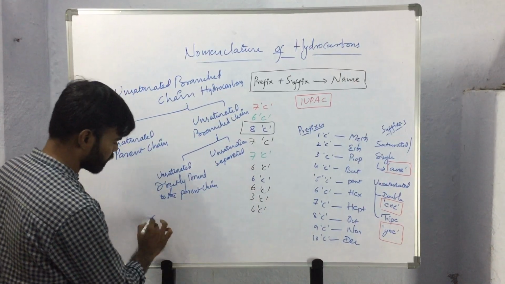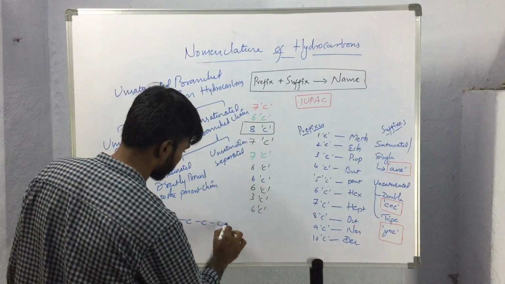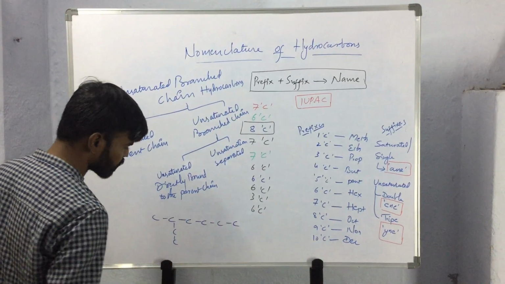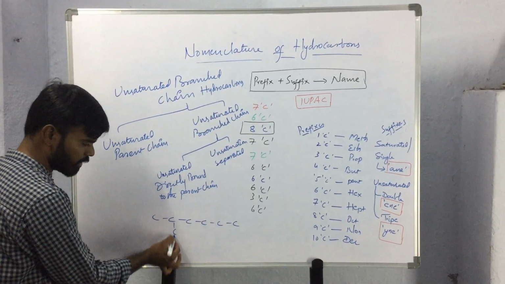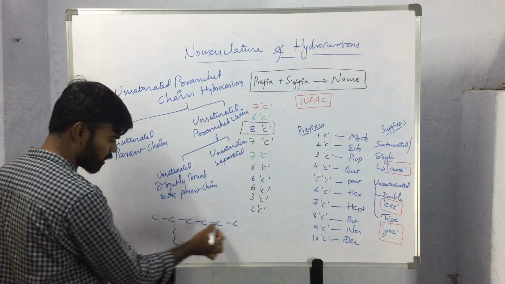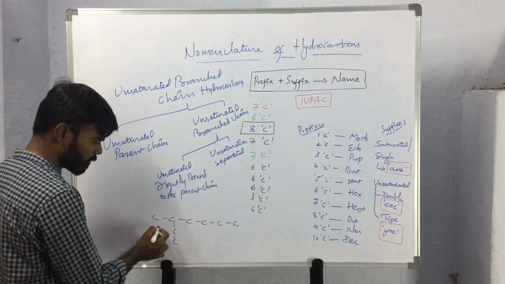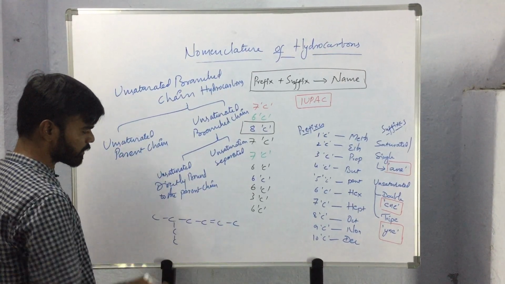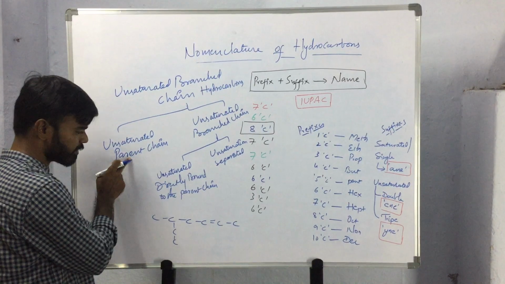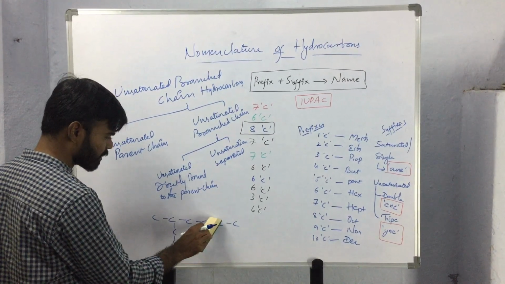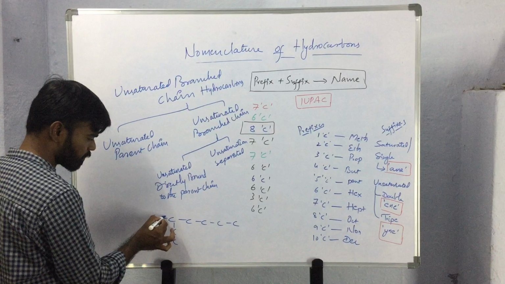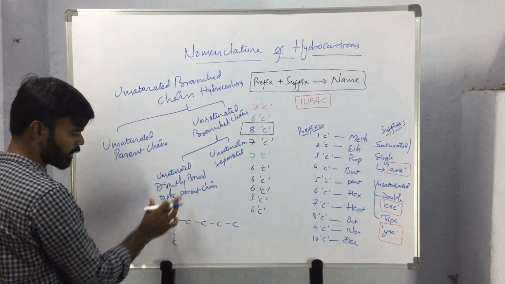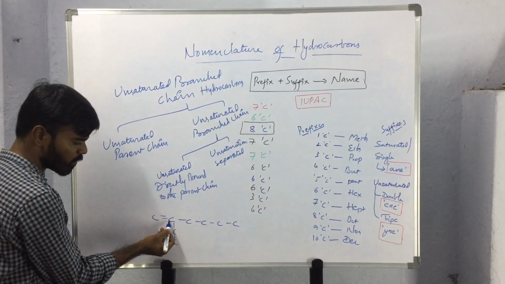That means we can have an example like this. This will be the parent chain and this will be the side chain, or we can consider this the parent chain and this the side chain. If the unsaturation is present here, we will consider this as the unsaturated parent chain category. If the unsaturation is present here, this will come under the first category of unsaturated branched chain, that means the unsaturation is directly bound to the parent chain.